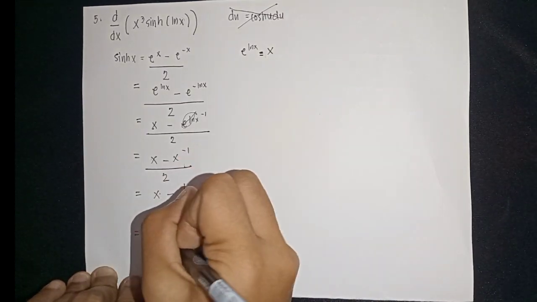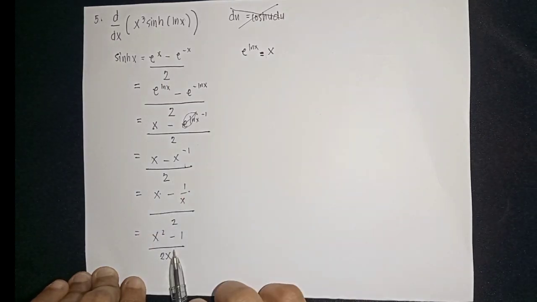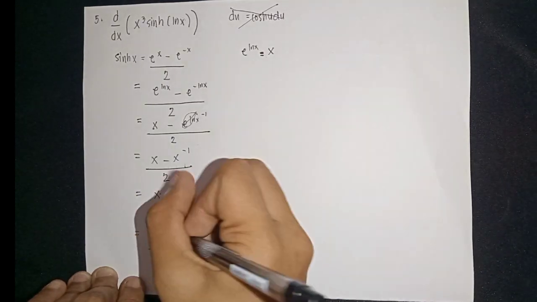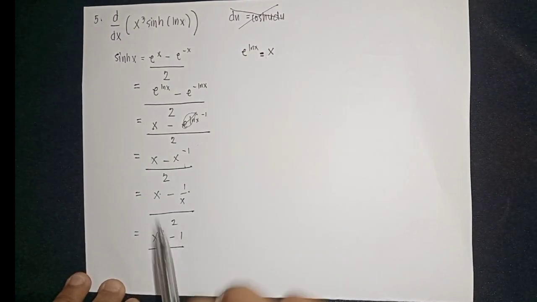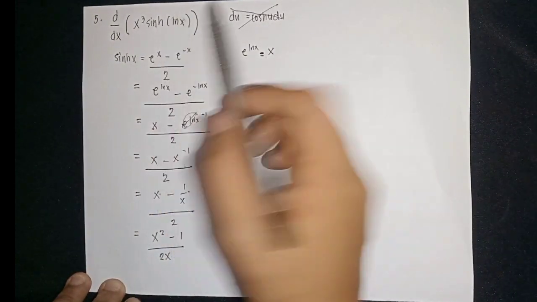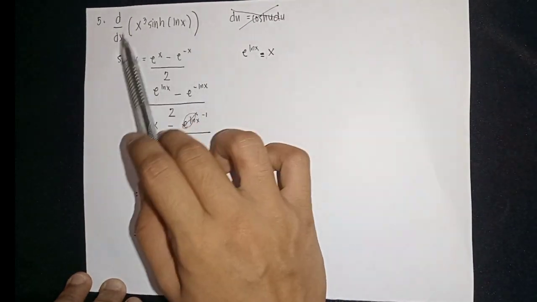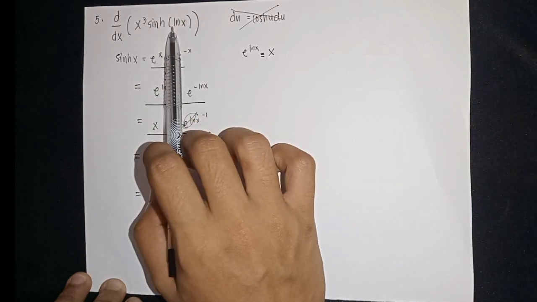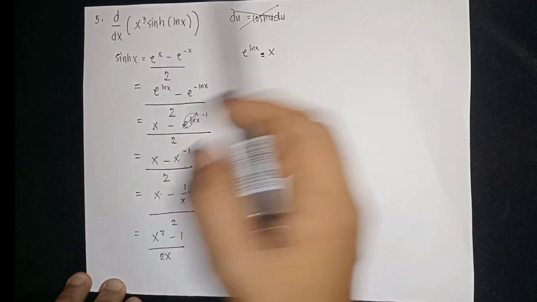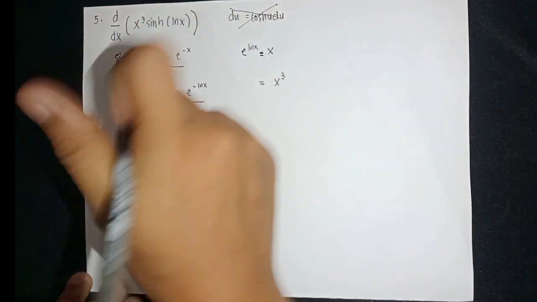And then we have to multiply this function. So x times x is equal to x squared minus 1. And the lower part has an x, so it will equal 2x. So now we have our expression for sinh ln x. We can go back to our main equation.